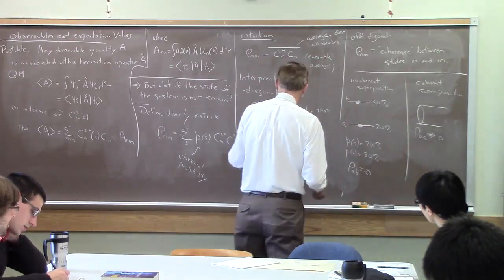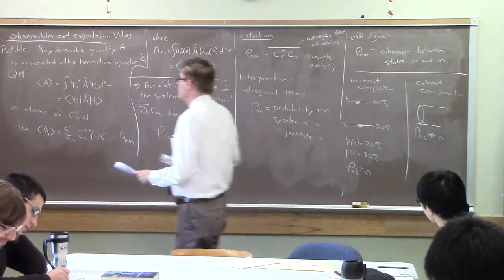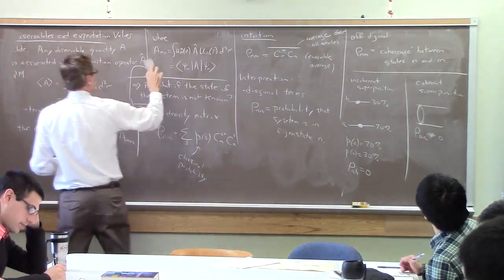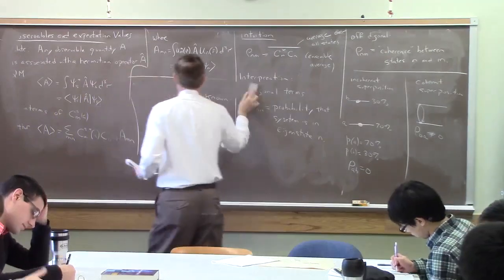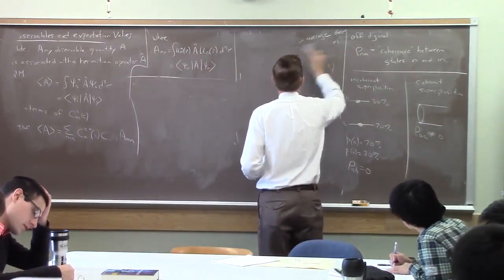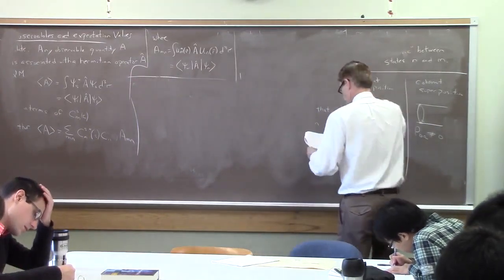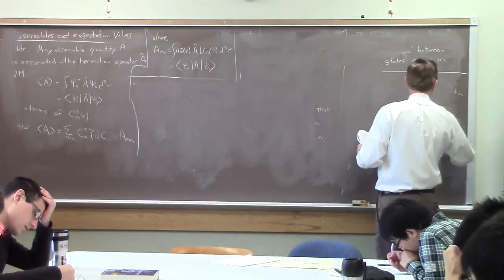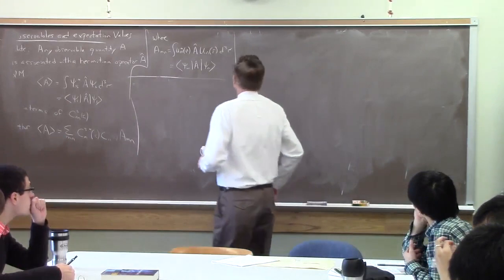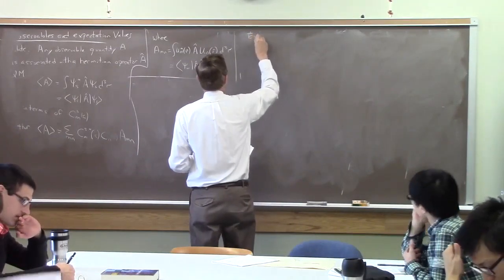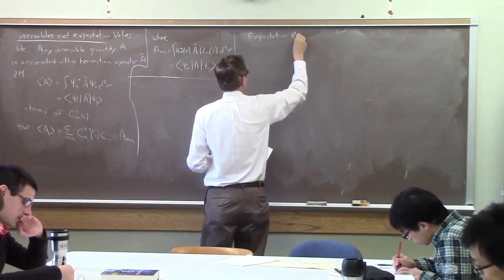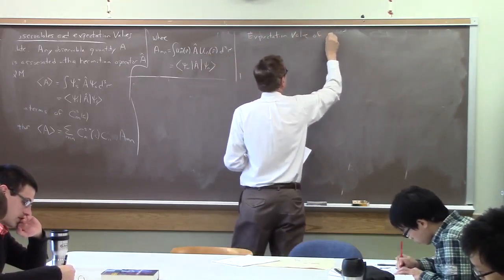And then the very last issue here is, actually, we're back to observables. So let me keep that just for reference. So now, with this density matrix formalism, what is the expectation value of observables?